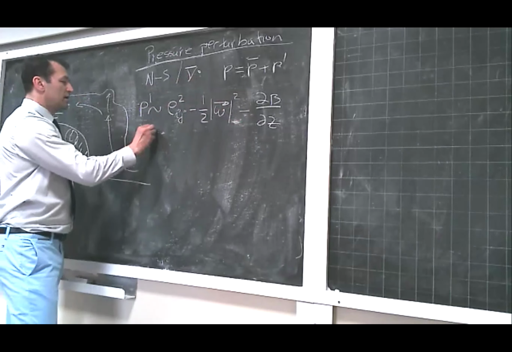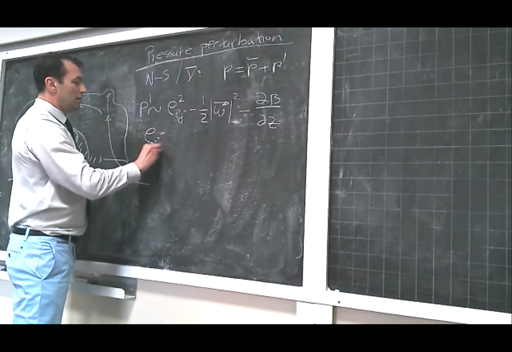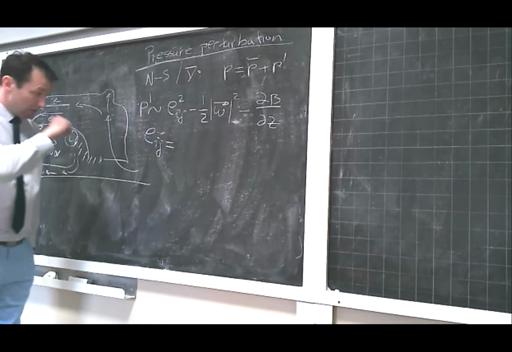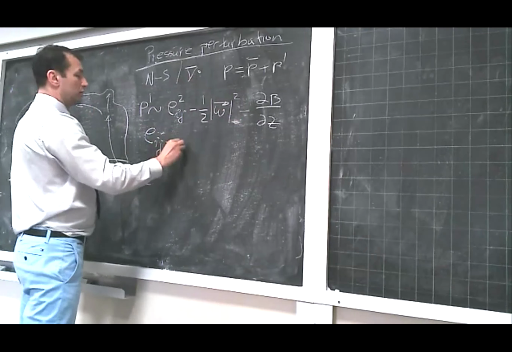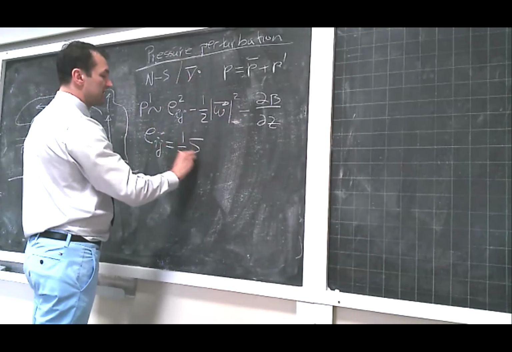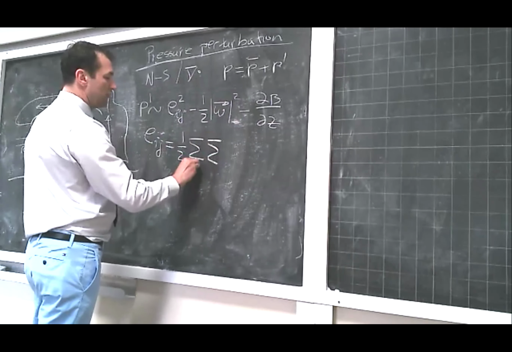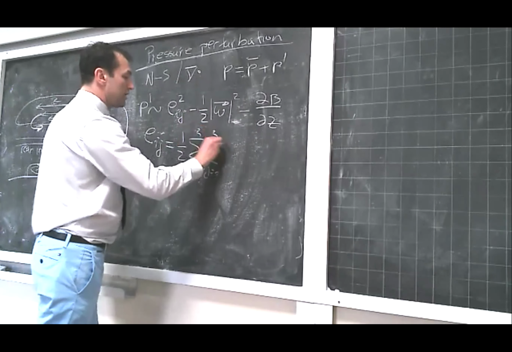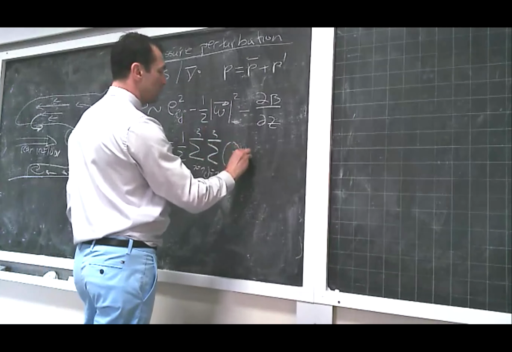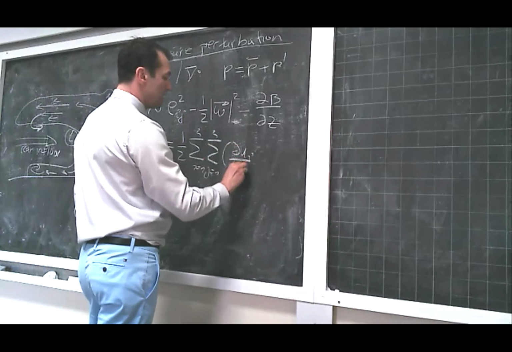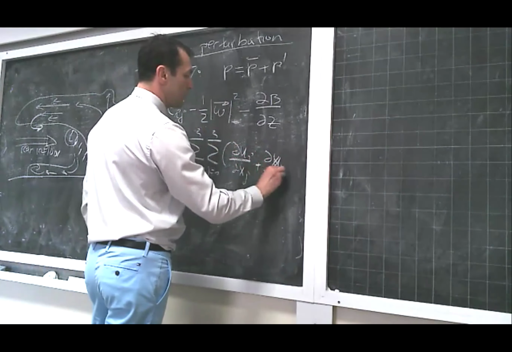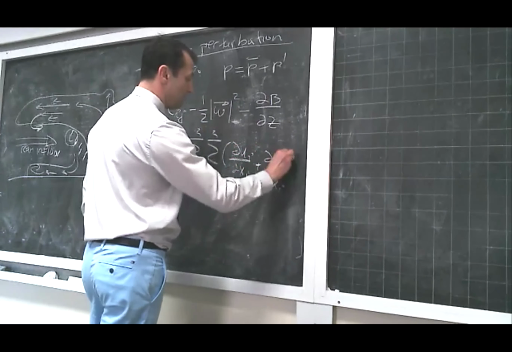This term over here is the rate of deformation. So this is 1/2 sum over i goes from 1 to 3, j goes from 1 to 3. I will write this, but you don't need to know it. dU_i/dx_j plus dU_j/dx_i.